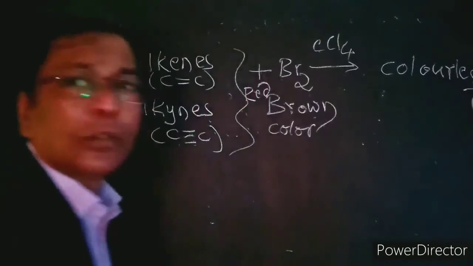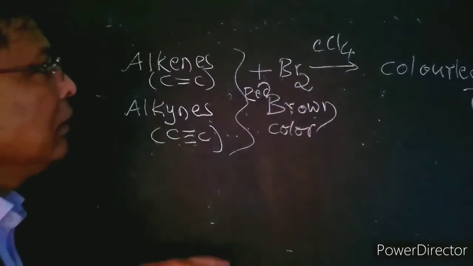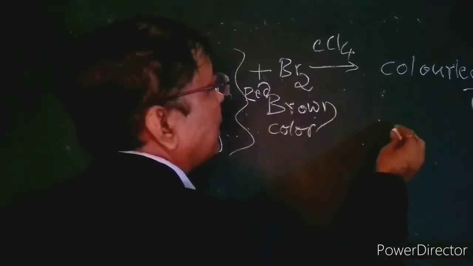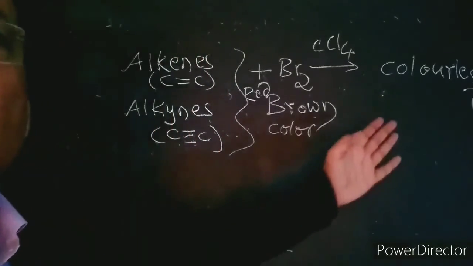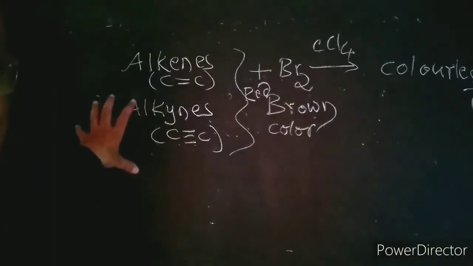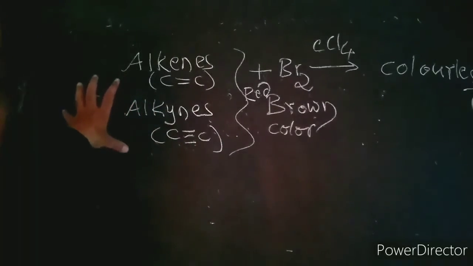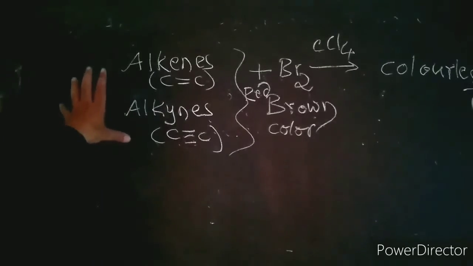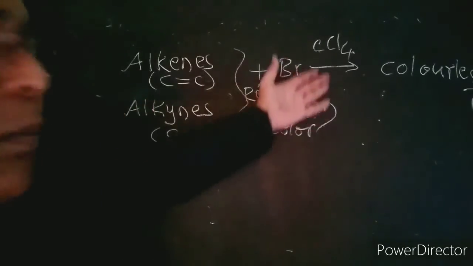The solution becomes colorless, indicating the presence of unsaturation in the molecule. In this way, we can find out the presence of a double bond or triple bond, that is unsaturation, in the molecule by using this bromine water.